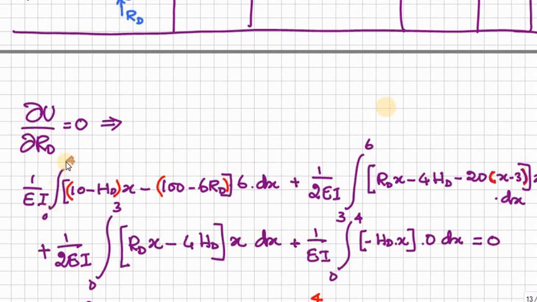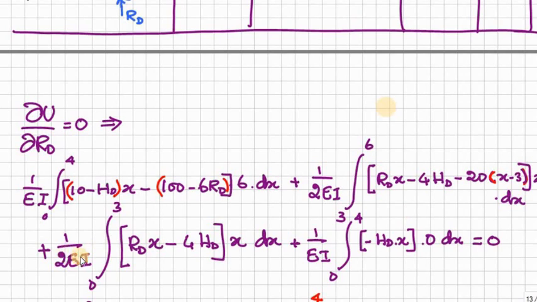So 0 to 4, this is the mx value in the table and this is the dou mx by dou RD into dx, plus this is 1 by 2EI because I is 2 times for BE section. Then this is the mx for BE section and the limit is 3 to 6, into x into dx.